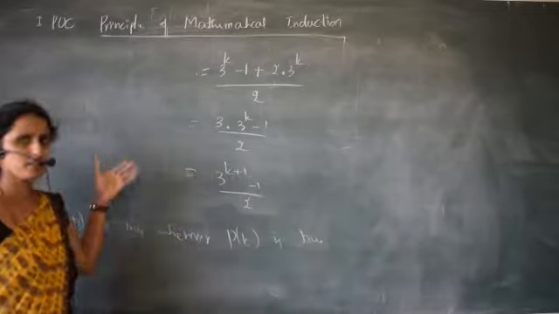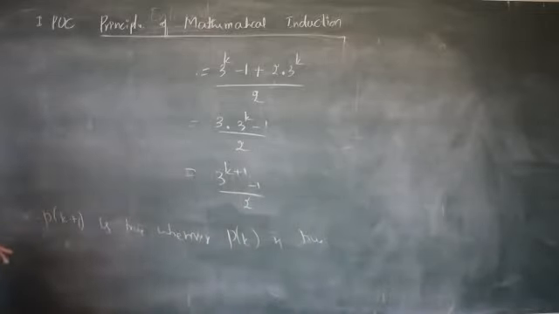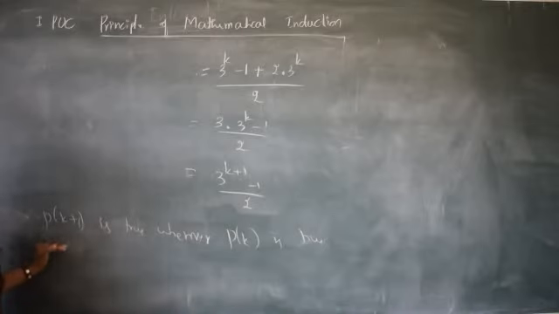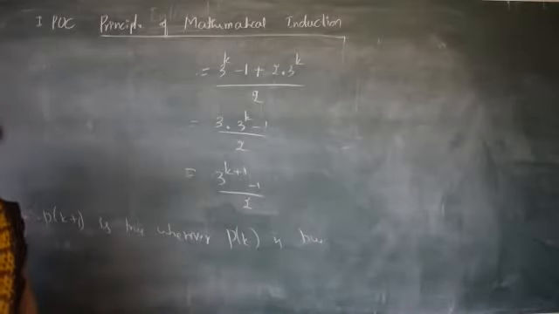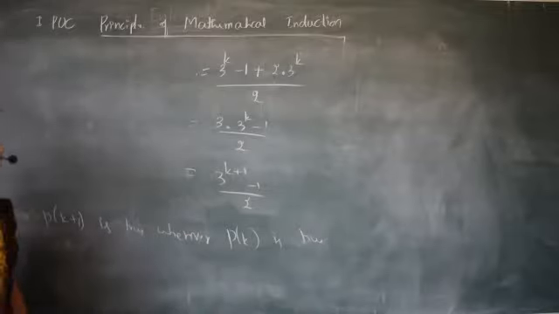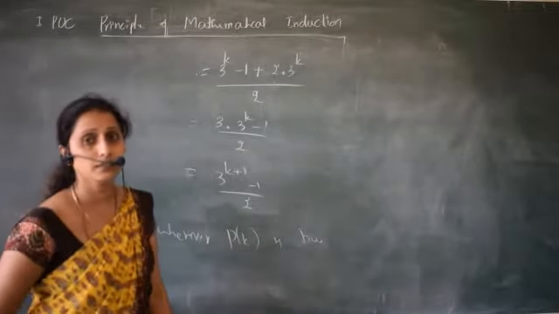So in this problem I skipped some of the statements. You write the statements because it is the same as what is given in the previous problem. But remember, you always have to write the conclusion that P of k plus 1 is true whenever P of k is true. Then the final conclusion is: hence by the principle of mathematical induction the given statement is true for all natural numbers n.